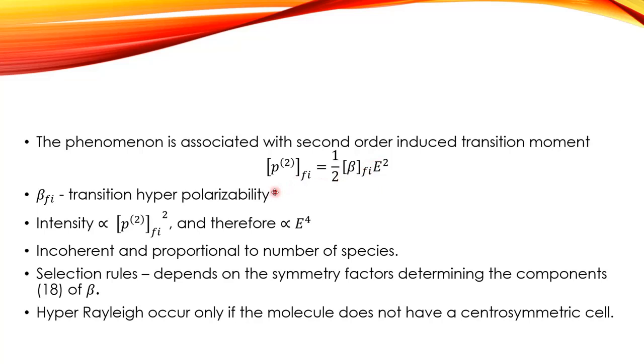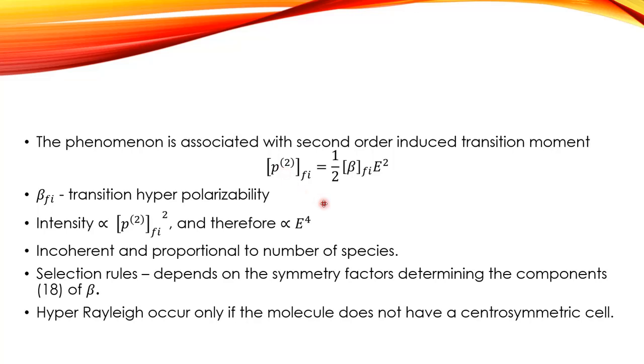Therefore hyper-Raman is a phenomenon of a second order induced transition moment, and it is given by this equation. Here beta fi is the transition hyperpolarizability and E is the electric field of incident radiation. The intensity is proportional to the second order polarizability, so it depends on E to the power 4.